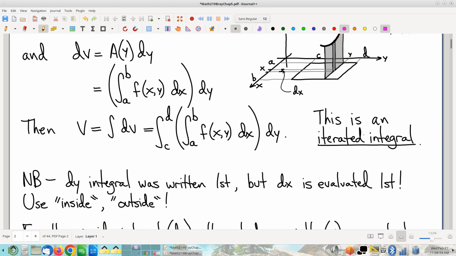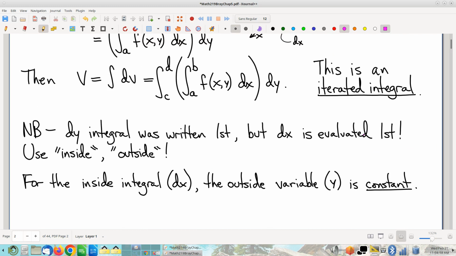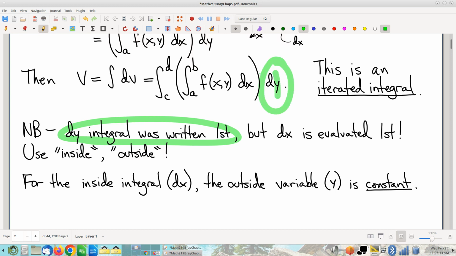And then there's another little bit of terminology we need to worry about. If there's two integrals, there's a temptation to call one of them first and one of them second. And that's a problem. Because as you're writing down the integrals, we wrote down the dy integral first.